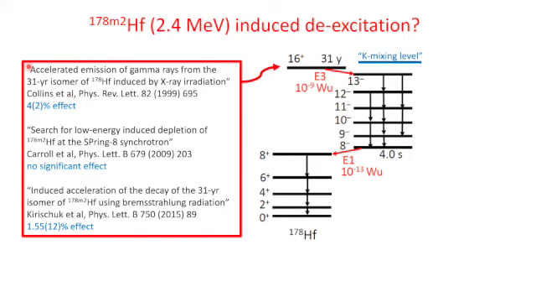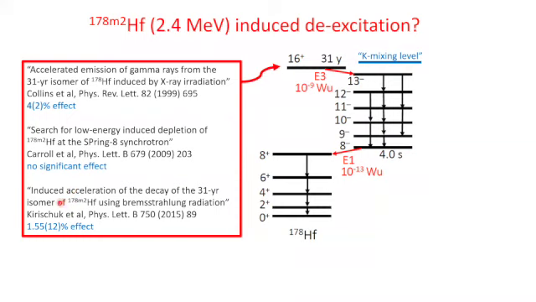And this led to a lot of discussion and more papers, mainly negative results, although Collins and co-workers continued to produce papers showing positive effects. It appeared to be somewhat closed off by a former student of Collins, Carroll, who published a paper in 2009 using synchrotron radiation from SPring-8 in Japan, and showed no significant effect on the isomer.